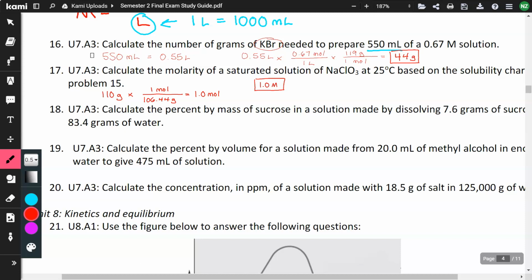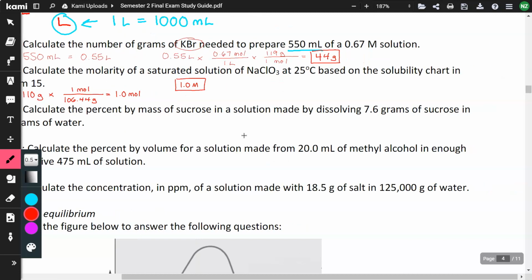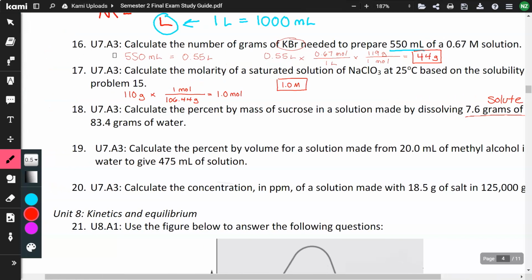Oh, wait, no, you don't need the molar mass here. So here it's saying you have dissolved 7.6 grams of sucrose. You're dissolving that in water. That is your solute. Water is your solvent. And the solution is your solute plus your solvent.